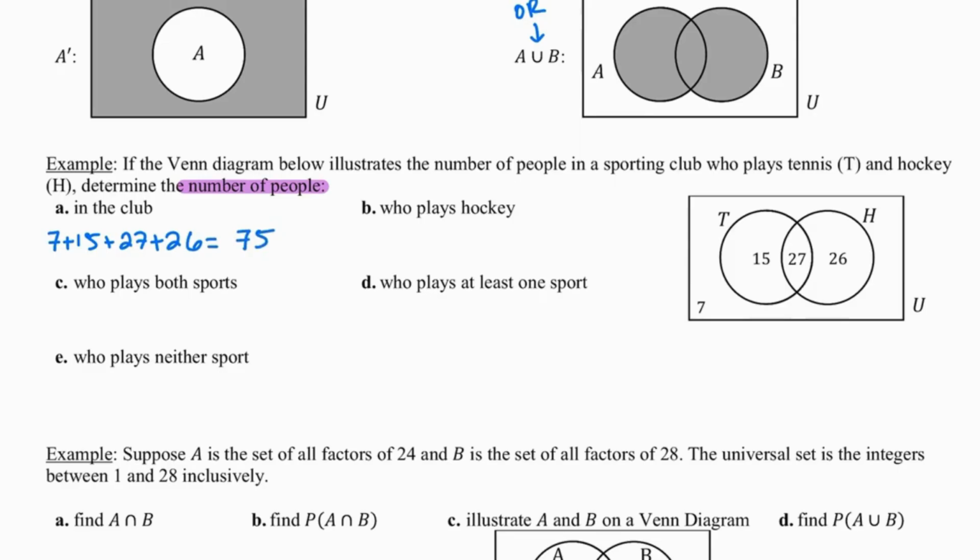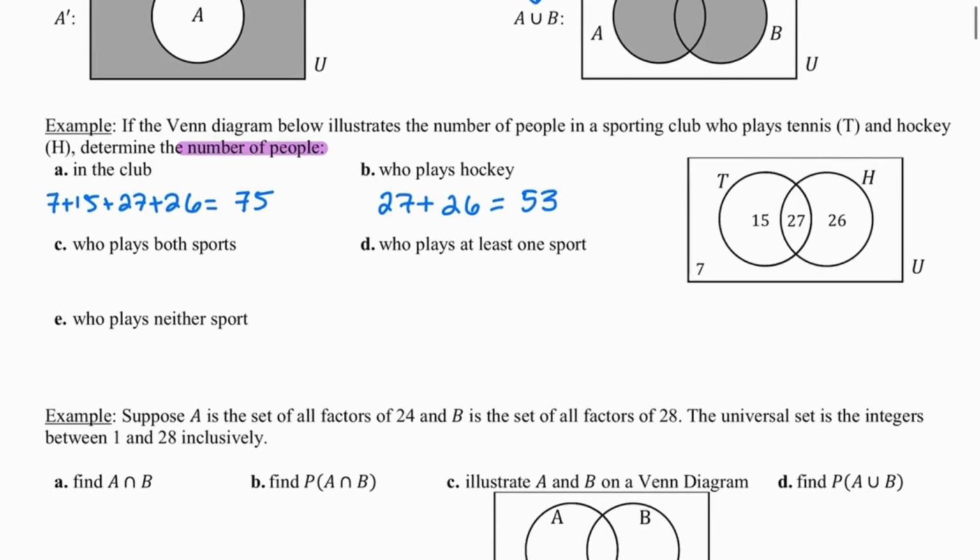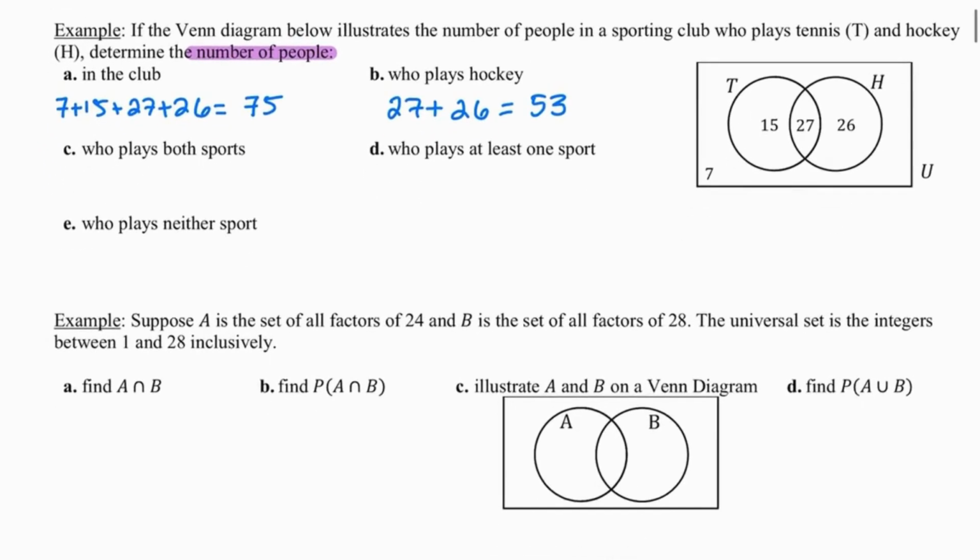Well, how many play hockey? Well, it didn't say only hockey, it just says hockey. So there are 27 that play tennis and hockey, 26 that only play hockey, so 53 total people play hockey. How many play both sports? That's easy, that's the overlap. So 27. Who plays at least one sport?